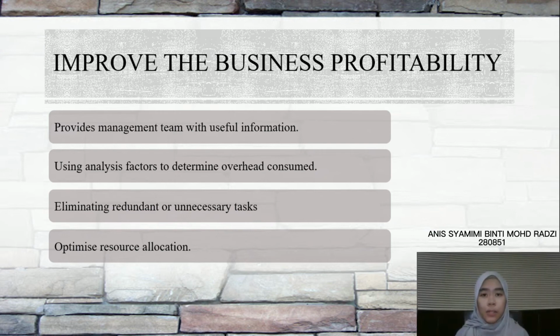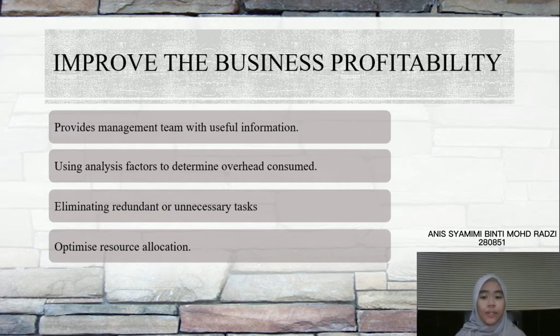This system also provides the management team with useful information about labor and other resources, including consumption for products, consumers and supplying channels, leading to management and control of the overhead present in the company. By analyzing the factors that determine overhead consumed by the company, it is possible to make logistics activity efficient by eliminating redundant or unnecessary tasks or optimizing resource allocation to activities that add value to the customer or the product.